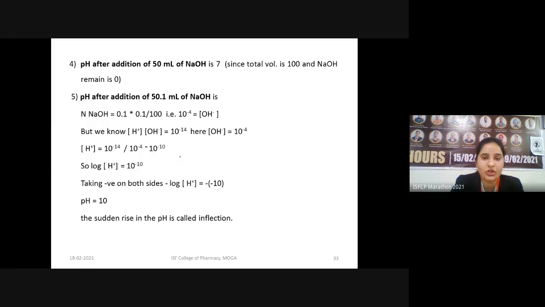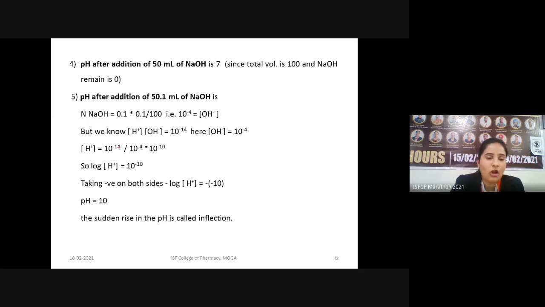Since we know the concentration of OH- ions, we will substitute its value here and calculate the concentration of H+ ions. The concentration of hydroxyl ions is 10 raised to the power minus 4, and the concentration of H+ ions comes out to be 10 raised to the power minus 10.